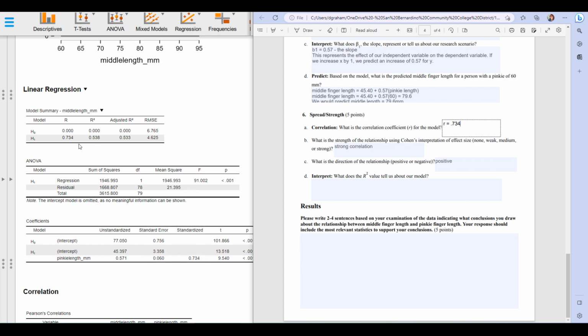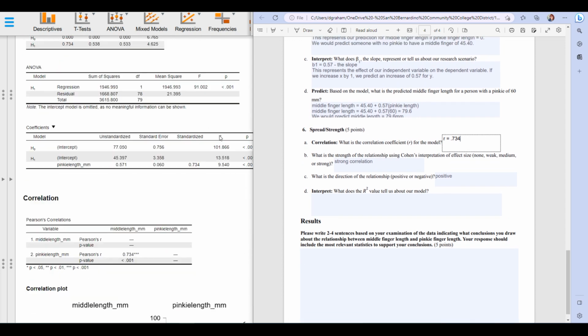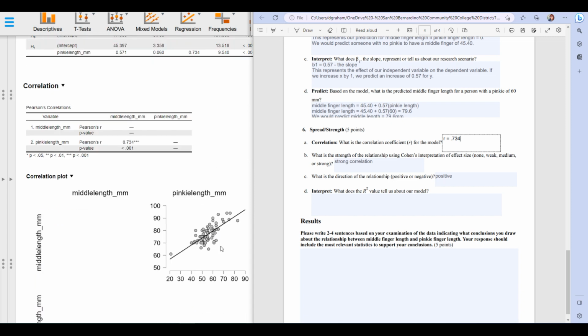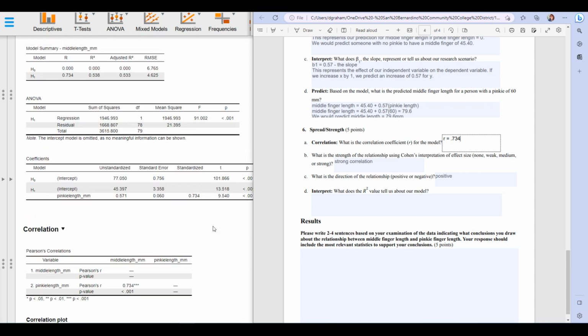So what this is doing is it's saying, okay, looking at this correlation, if we want to quantify how well our model is accounting for the differences that we see in middle finger length, we're going to refer to R squared for that.